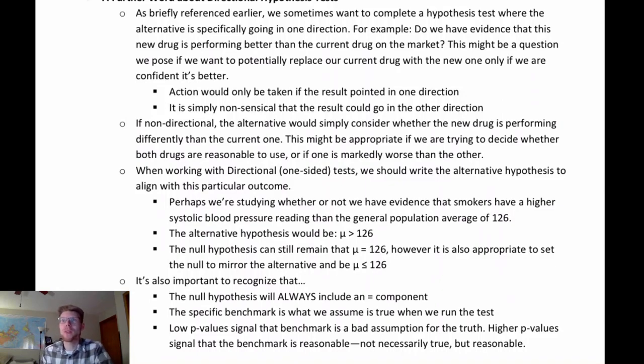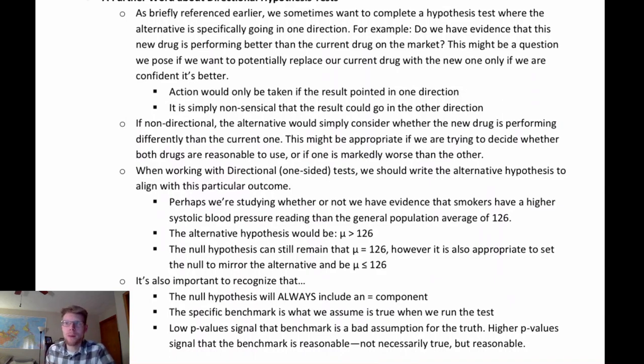The null hypothesis, we could write it as mu equals 126, but more commonly when we're working with directional testing, we actually want to make the null mirror the alternative. So if our question is, do smokers have a higher blood pressure than the general population, we're going to set our alternative in that direction with mu being greater than 126, in contrast to the null, which is now going to mirror that and say that mu is less than or equal to 126.